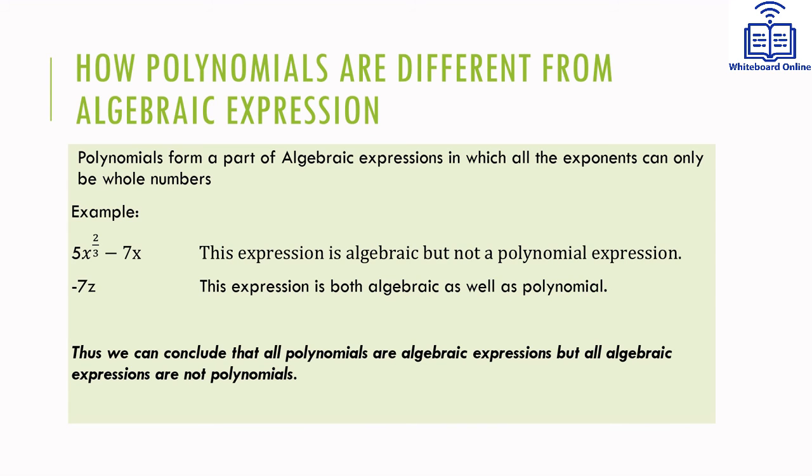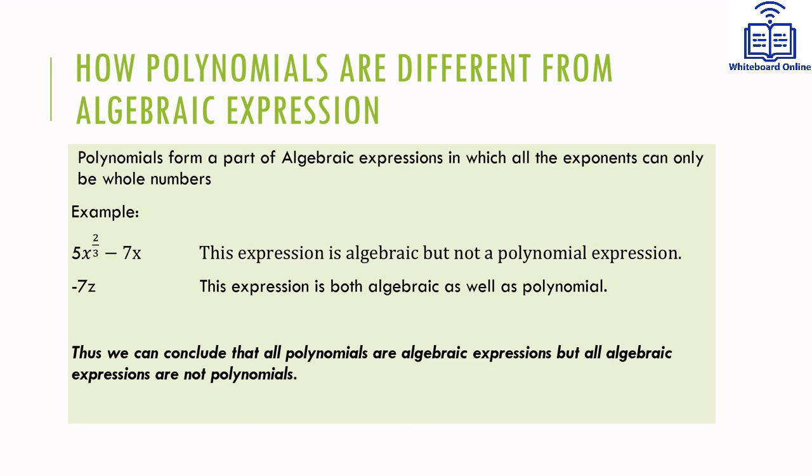Students, let's understand how polynomials are different from algebraic expressions. If I conclude, polynomials are just a part of algebraic expressions. Polynomials have everything algebraic expressions have: variables, constants, coefficients, and all the mathematical operations. But what is the difference?